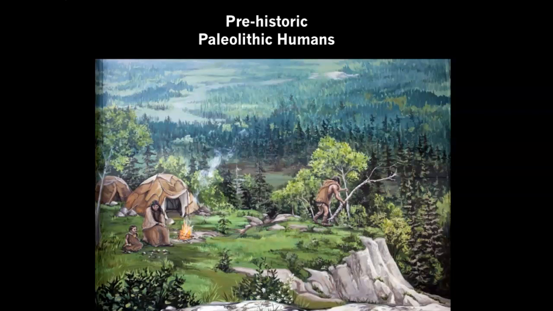Rather than living in large towns or cities, they were more like villages, 100 to maybe 500 people at most, and they were sedentary. Sedentary meaning they didn't stay in one place. They moved, most likely they moved to follow the seasons, to follow the food.